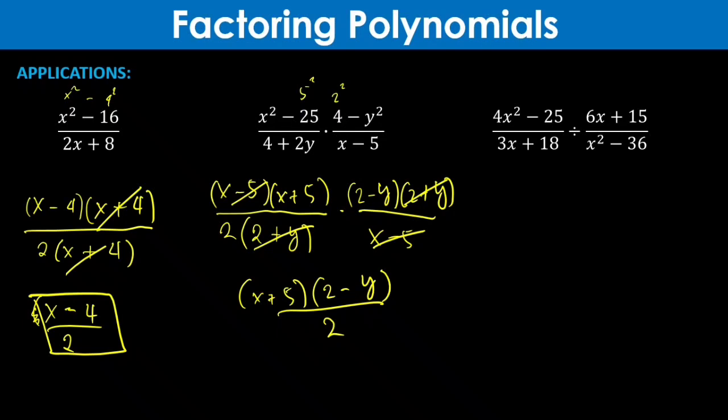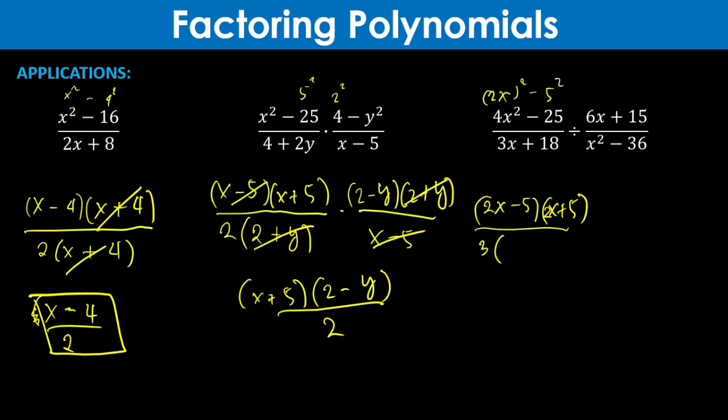For this one, again, difference of two squares. This is 2x squared minus 5 squared. So that can be factored out as 2x minus 5 and 2x plus 5. Common here is 3.